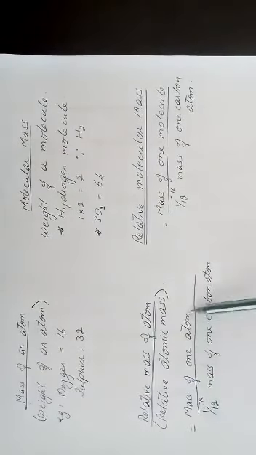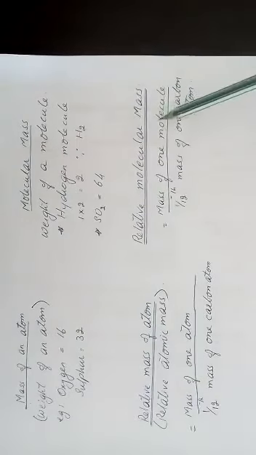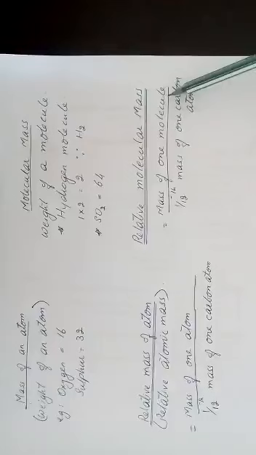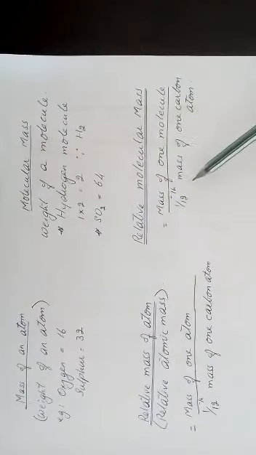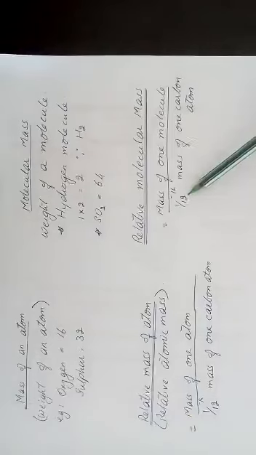The mass of one atom of the given substance is always compared as a ratio to 1/12 of the mass of a carbon atom. Same thing in the case of relative molecular mass: the mass of one molecule of any substance, like sulfur dioxide here, is calculated as a ratio of 1/12 of the mass of a carbon atom.